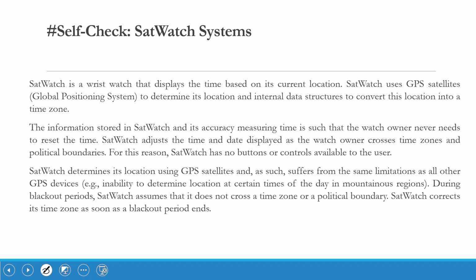The SatWatch determines its location using GPS satellites and, as such, suffers from the same limitations as all other GPS devices. For example, it is not able to determine the location at certain times of the day in mountainous regions. During blackout periods, it assumes that it does not cross a time zone or political boundary.